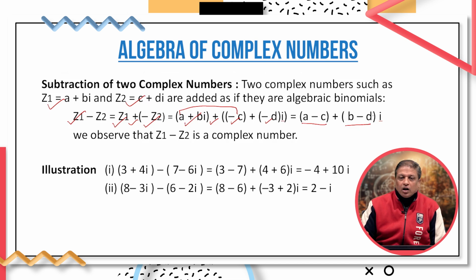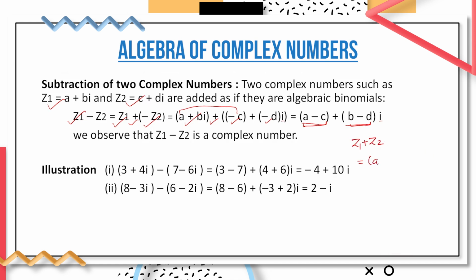On the other hand, you can say that you are supposed to subtract the real components and the imaginary components separately, as we did in the case of addition, wherein Z1 plus Z2 turns out to be A plus C plus B plus D i.